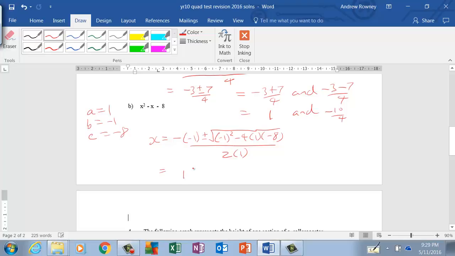So that's plus 1 plus or minus the square root of 1 squared, which is 1, minus and minus is a plus, 8 fours are 32, and all divided by 2. Now that's 1 plus or minus the square root of 33 over 2. So if we want to put it into 2 x-intercepts, it's 1 plus root 33 on 2 and 1 minus root 33 on 2. We could go to the calculator or just leave it like that for accuracy.